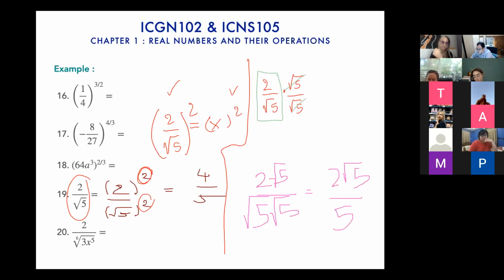So when she does this, what she gets is 2 square root 5 over 5, or 2 over 5 square root 5 like this. This is the answer, one form of simplification. Okay, this is correct.